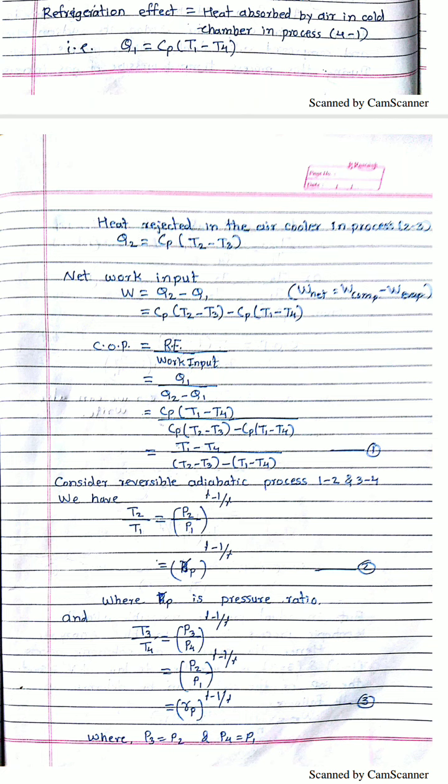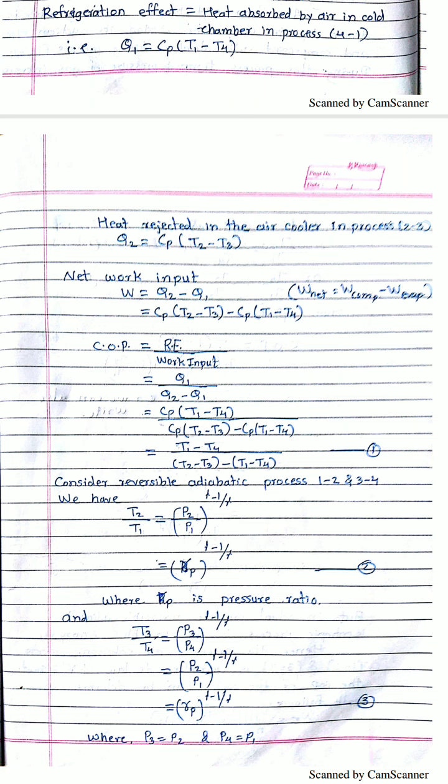Now the processes 1 to 2 and 3 to 4 are isentropic processes, which are also called reversible adiabatic processes. For a reversible adiabatic process, the relation between temperature and pressure is T2 upon T1 equal to P2 upon P1 raised to gamma minus 1 upon gamma, where gamma is the adiabatic constant and its value is 1.4.